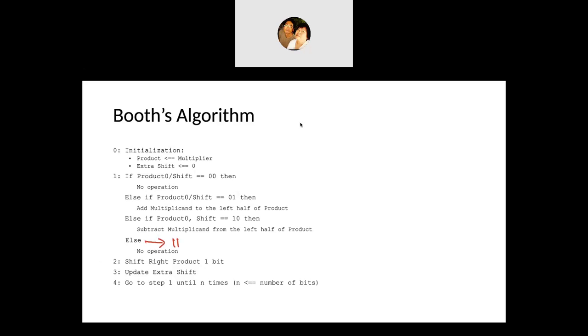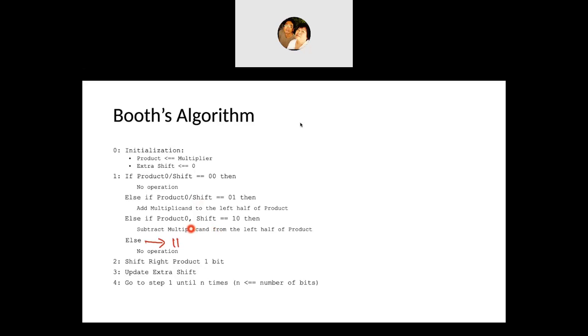If the product 0 and extra shift is 0, 1, we have to add the multiplicand to the left half of the product. This is the same as the previous algorithm, right? But the difference is here.